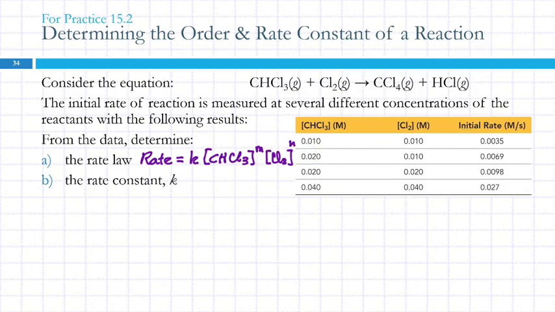Here we doubled the concentration. And over here, the rate is really close to double: 0.0069 divided by 0.0035 is 1.97.